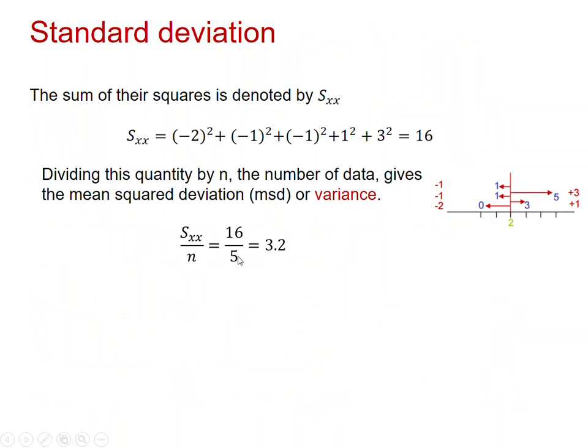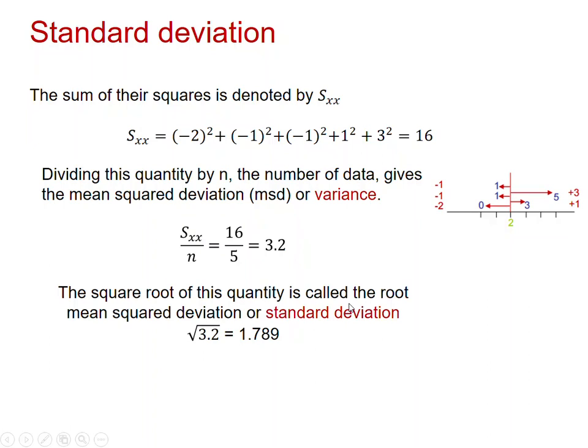So we divide 16 by 5 and we get 3.2. This is the standard deviation squared, or the variance, sometimes known as the mean squared deviation. To get the standard deviation, we then square root this answer, and this is called the root mean squared deviation, in this case 1.789.